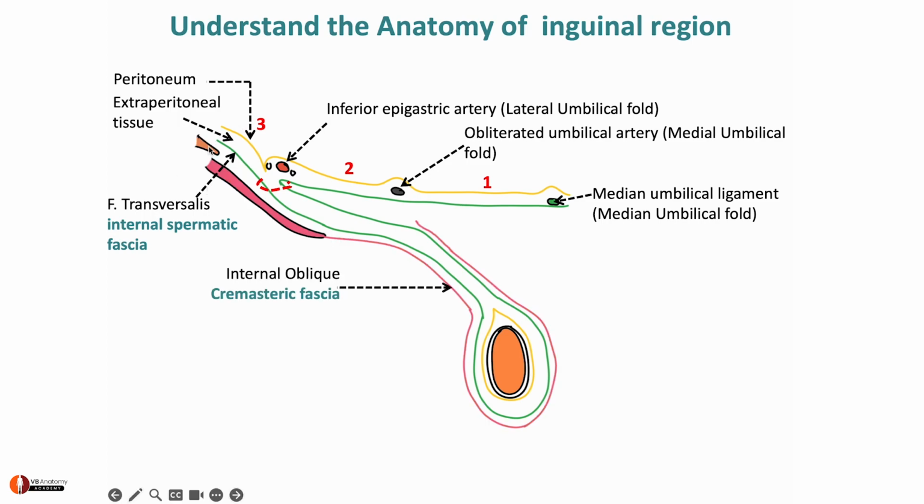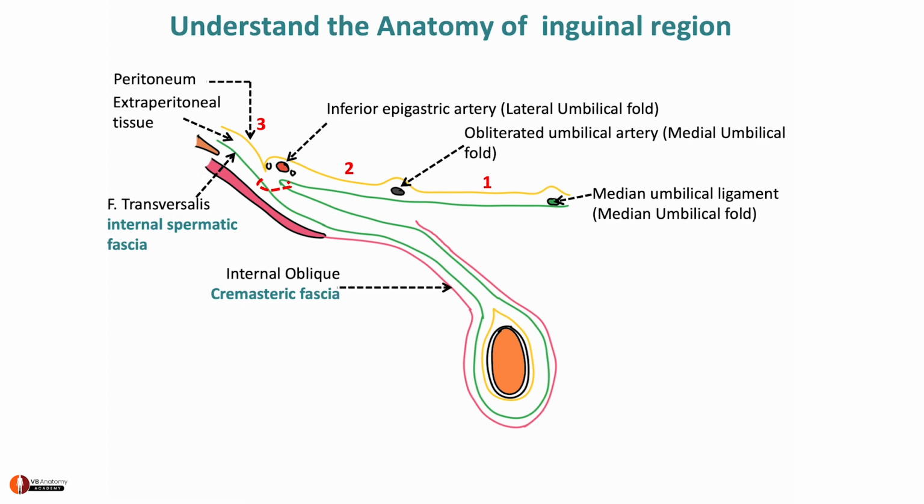Here is your transversus abdominis, which does not give any covering to the region. This is your internal oblique muscle. As the hernia canal gets formed, it gives rise to a covering that covers the processus vaginalis. This is called cremasteric fascia.